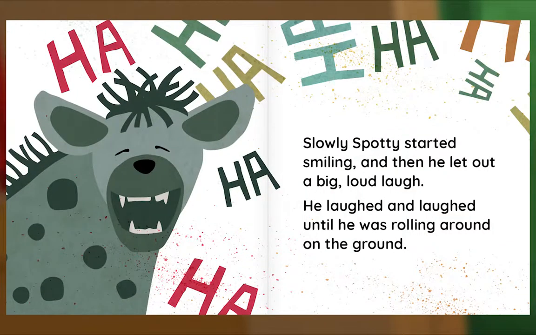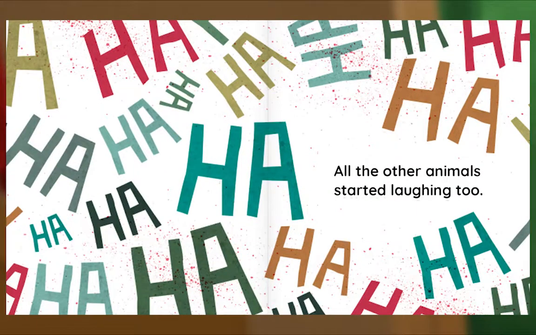Slowly, Spotty started smiling, and then he let out a big, loud laugh. He laughed and laughed until he was rolling around on the ground. All the other animals started laughing too.